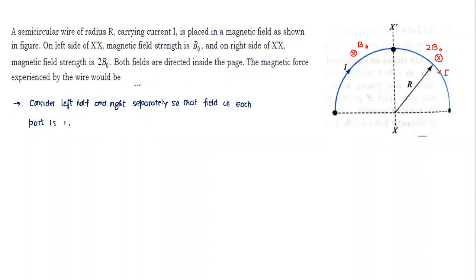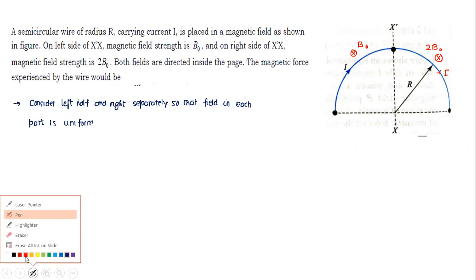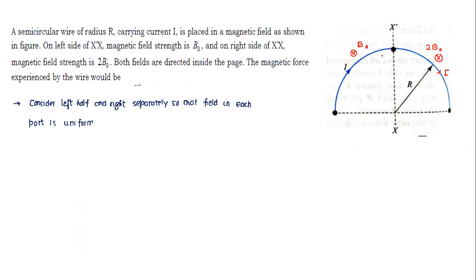Once the field is uniform, it becomes easy. So after we have done so, each part we can replace with a straight wire. I can even replace it with something like this. Can I replace the left part with something like this?